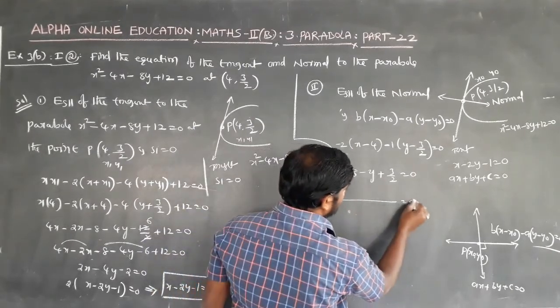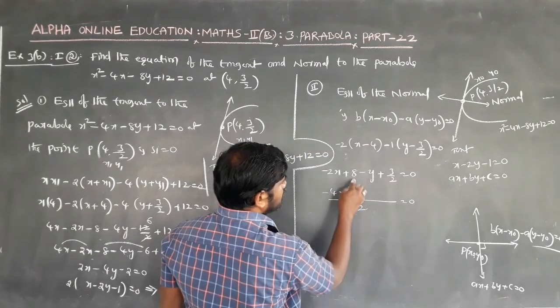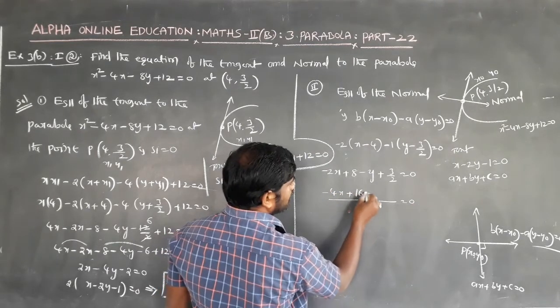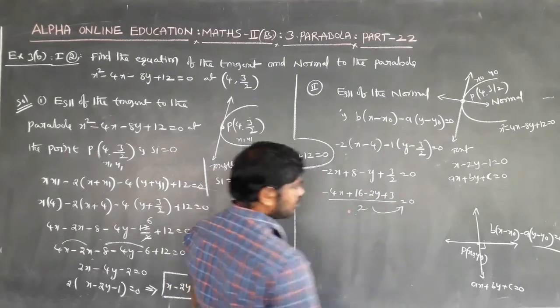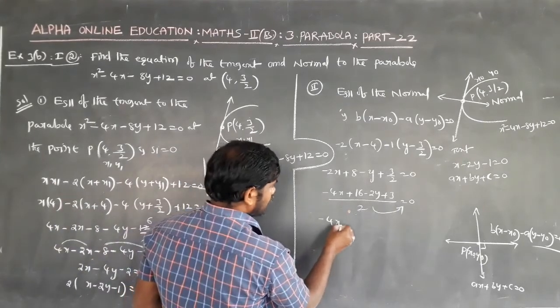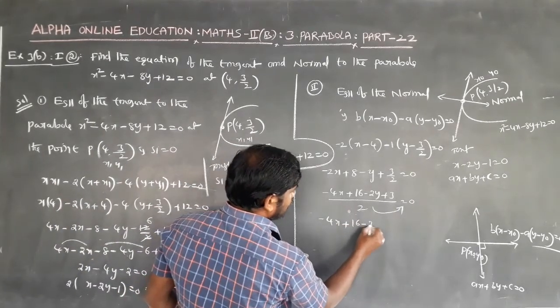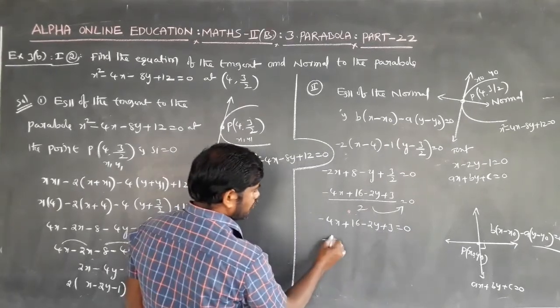Here taking LCM 2 2s are 4x plus 2 8s are 16, 2 into y 2y plus 3 is equal to 0. Minus 4x plus 16 minus 2y plus 3 is equal to 0.